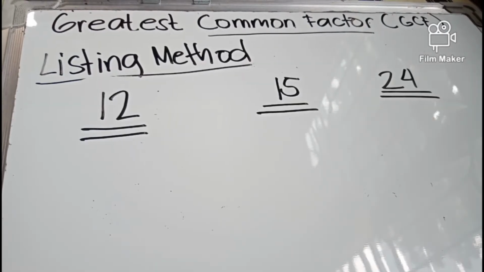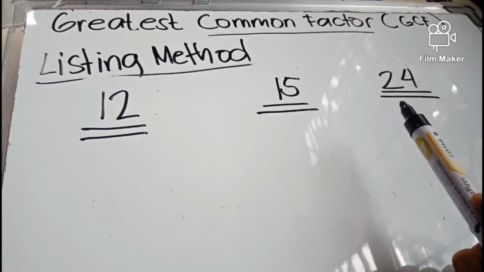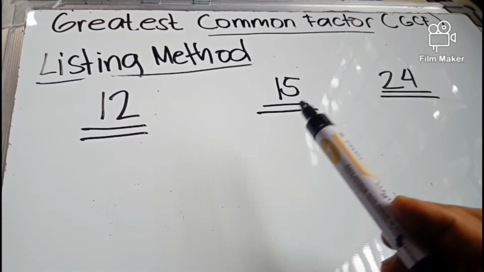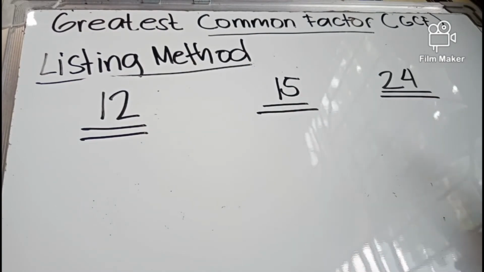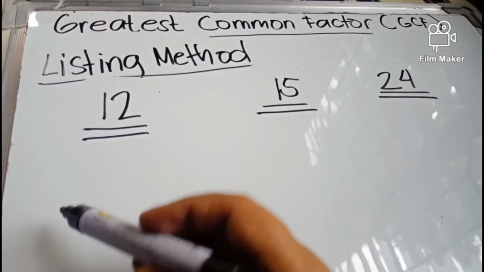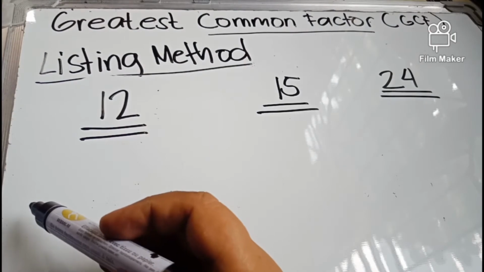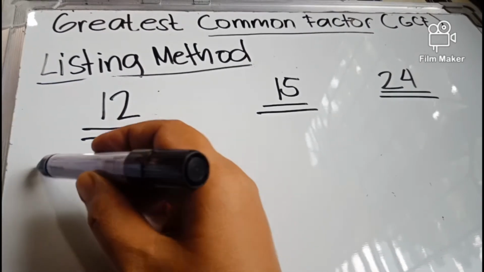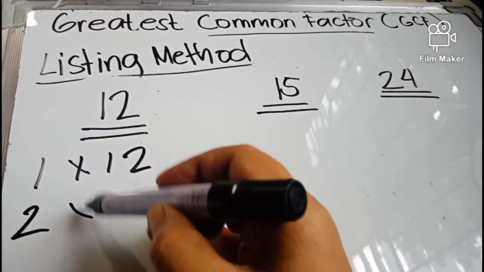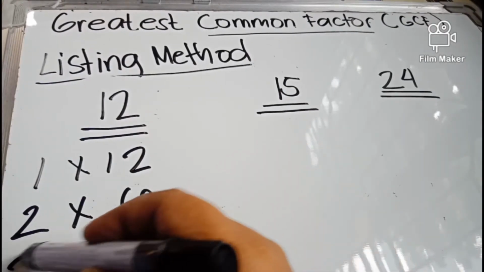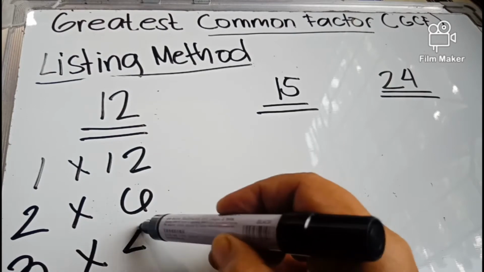Another example of finding GCF ay hahanapin natin ang greatest common factor ng 12, 15 at saka 24. So, first, dito tayo sa 12, ililista natin lahat ng factors ng 12. So, we have 1 times 12, 2 times 6, 3 times 4.